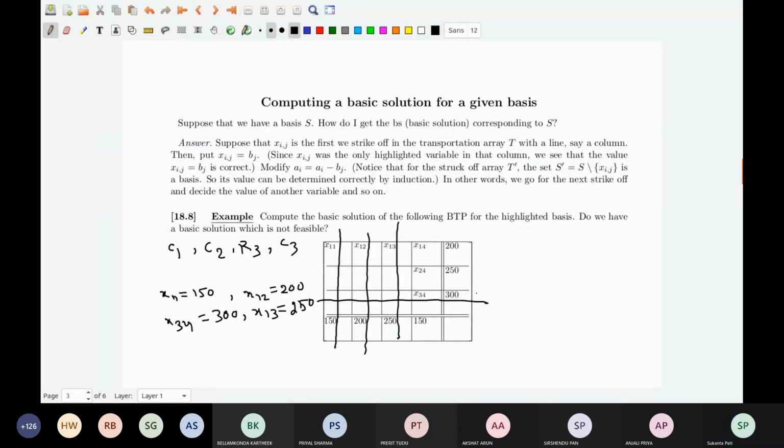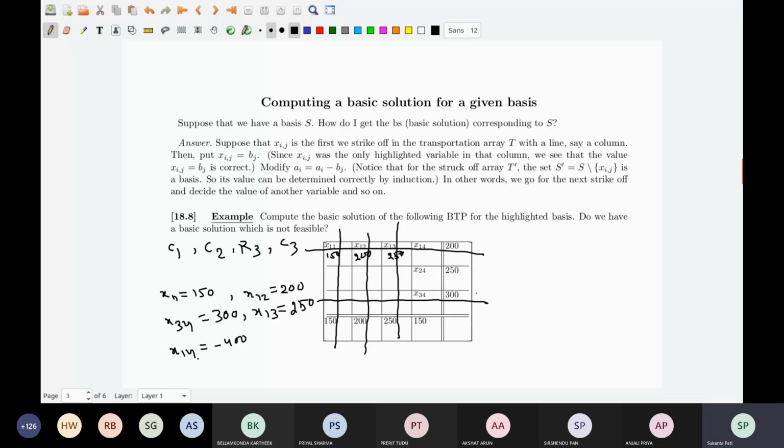So what will be x14? Now for x14, the total sum has to be 200. I have selected 150 for it, 200 for it, and 250 for it. Since the total sum has to be equal to 200, therefore x14 has to be minus 400.